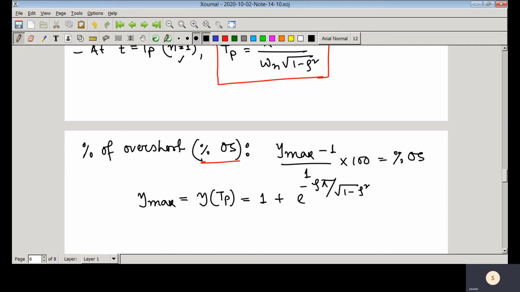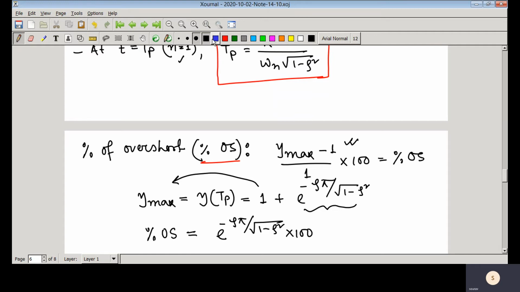Now if we bring that 1 to the left and divide by 1, we have only this term, so the percentage of overshoot equals e to the power minus zeta pi divided by square root of 1 minus zeta square, into 100.